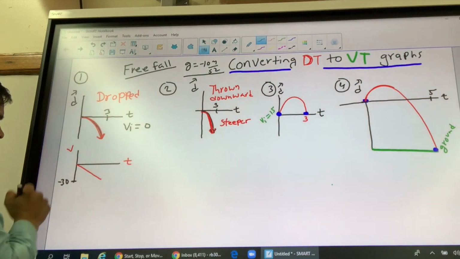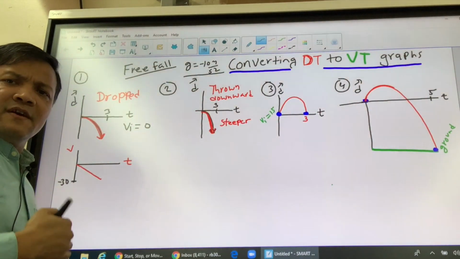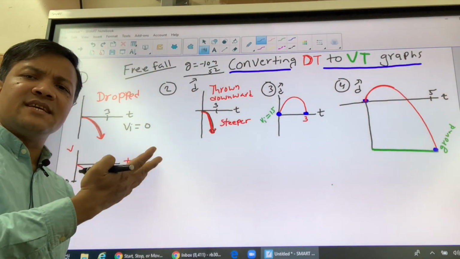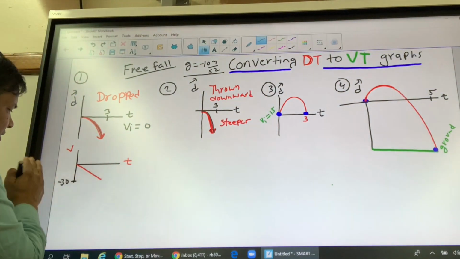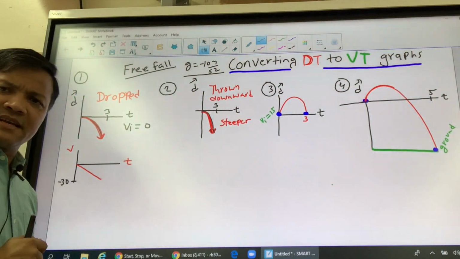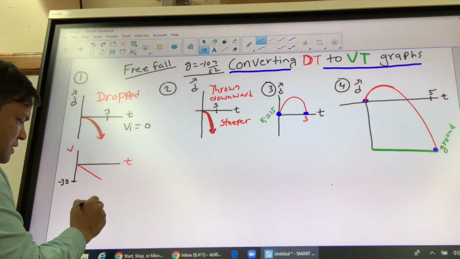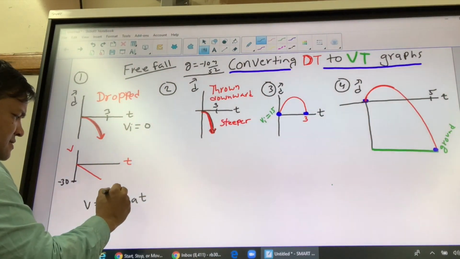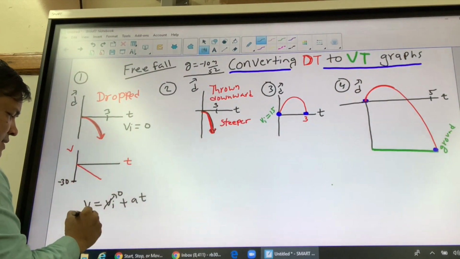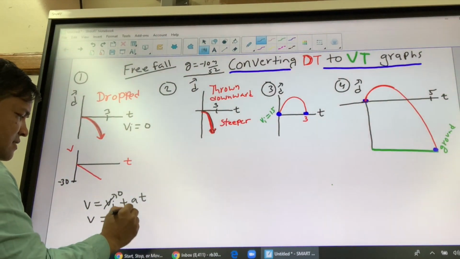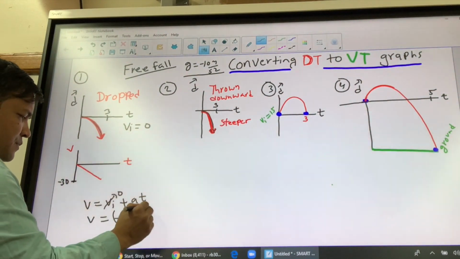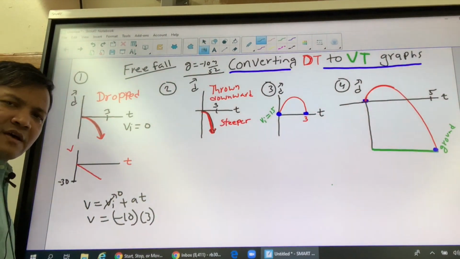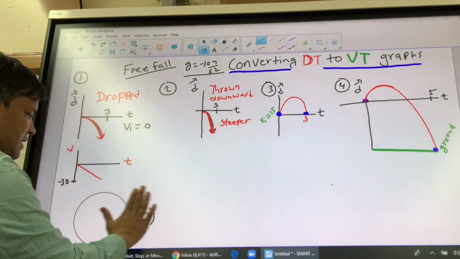How do I figure that out? v equals vi plus at, and that tells us the velocity must be -30. If you don't know what I'm talking about, you can plug that in. vi is 0 because this is dropped, and a is -10 times time is 3. So this is how I know the velocity, which is -30 here.